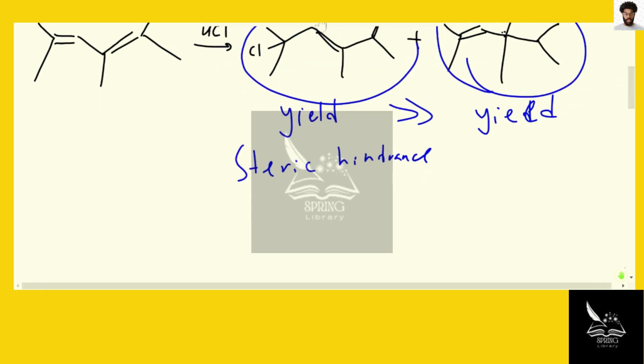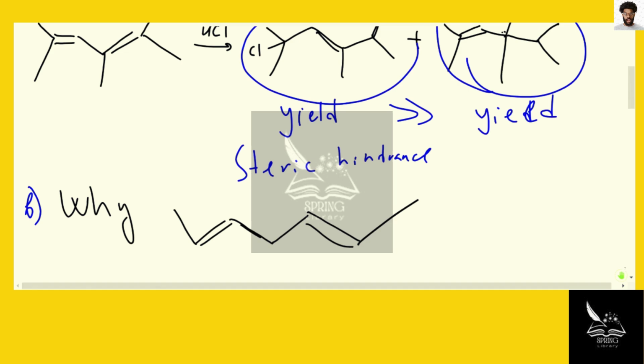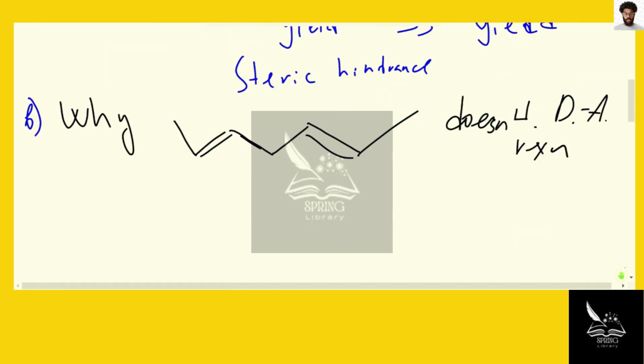Okay, now the second question is why this compound, which is shown here, does not undergo Diels-Alder reaction. And basically the answer is because this diene is not conjugated.